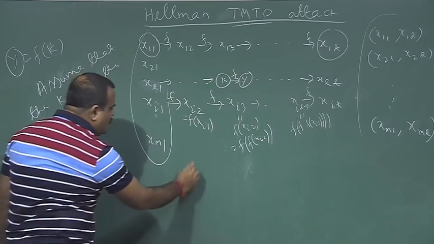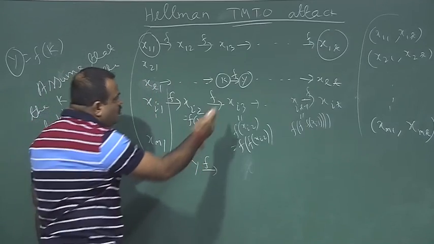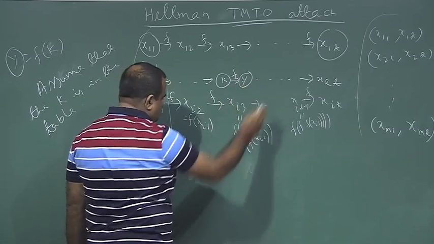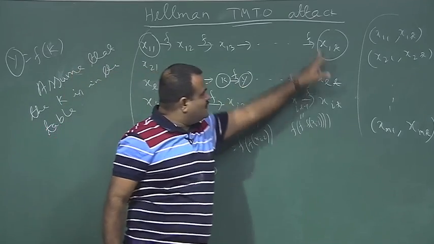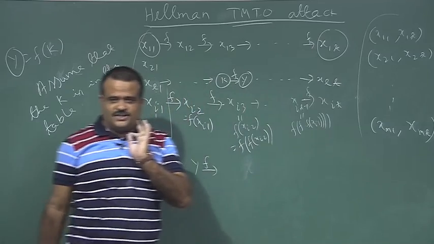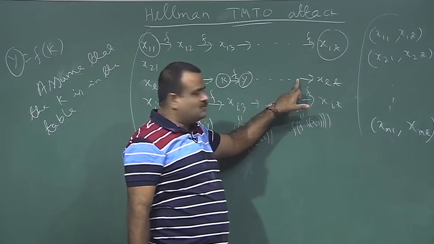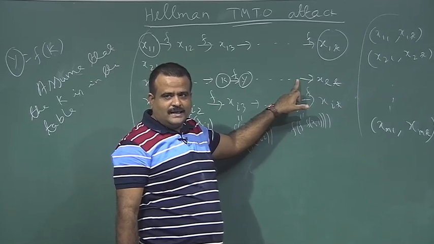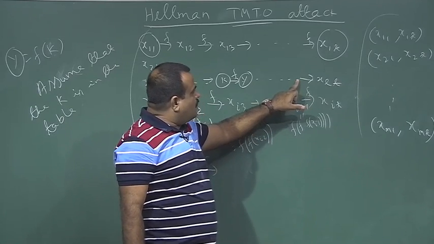What we do on the y, we will keep on applying f, but we do not know the position where this k is. So, we just check whether y is matching with the endpoints or not, that is the first check. If y is matching with one of the endpoints, then we know the previous one is the key x or k. Okay. Now, if not, we apply f.